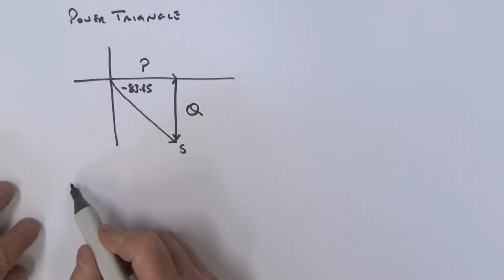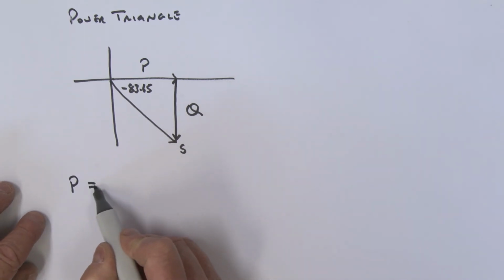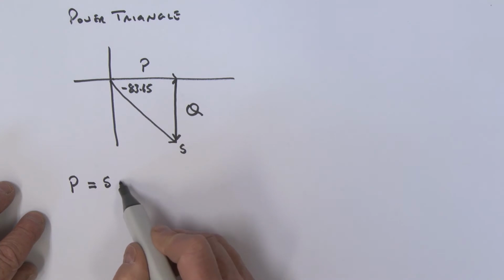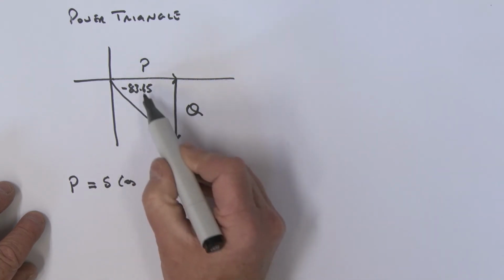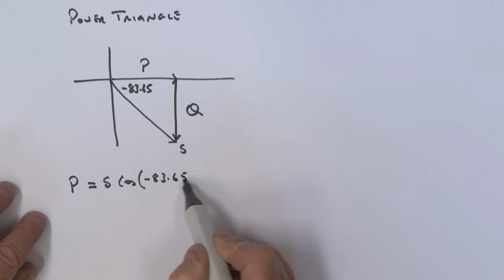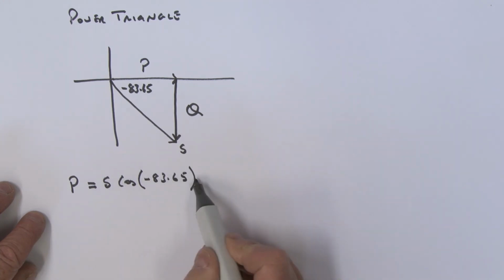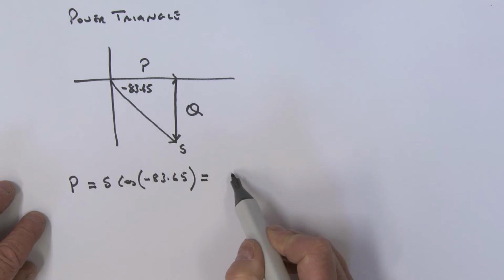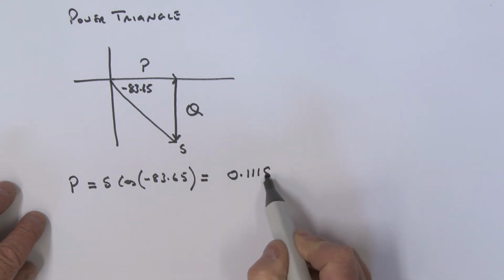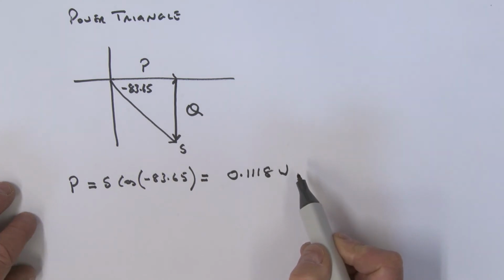So as before, we can say that that real power, P, is equal to S times the cosine of this angle, which is a minus 83.65. And if we work this out, that is equal to 0.1118 watts.